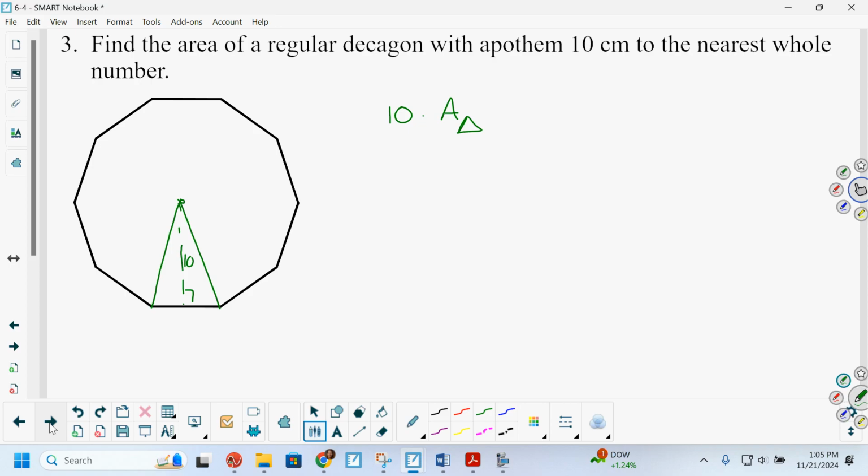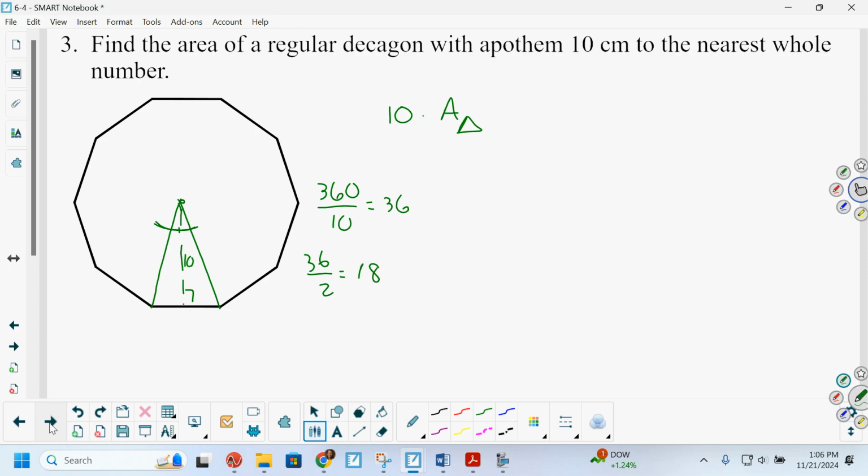No matter what I want to do next, I need to come up with the central angle right here. So 360 divided by 10 is 36 degrees. This entire angle is 36. But when I cut it in half, because it bisects, remember, I get 18.